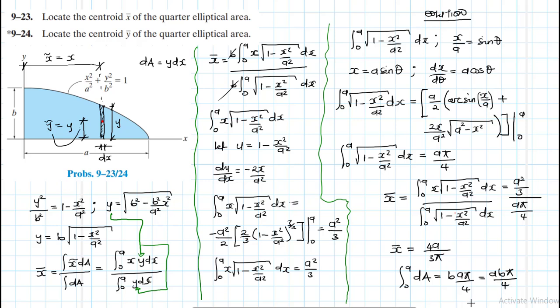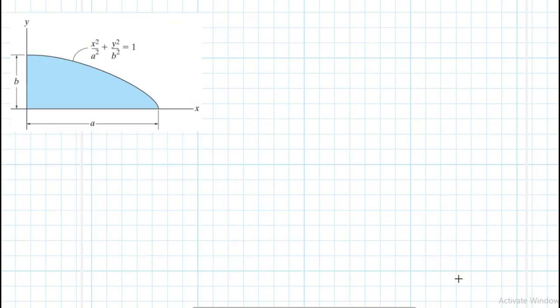This is the total area. We don't need to forget this, because we'll come and use it later on when we calculate y bar. Great. So let's go to the next page. We find y bar. Of course, everything else remains the same.